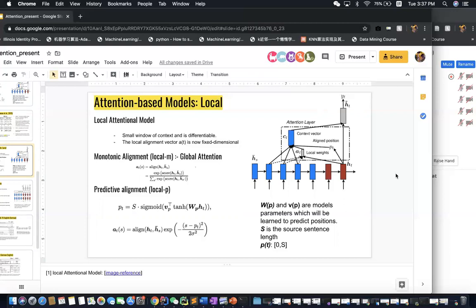This is for the monotonic one, where PT is always equal to T. But for the predictive alignment, it uses the sigmoid too. I think he's asking about the window size. Yeah. Then I think this paper only mentioned it used the uppercase D to express the window size. Oh, okay. So it's empirically defined.